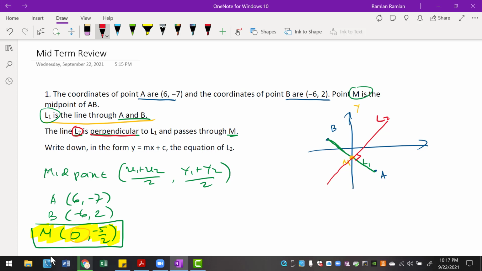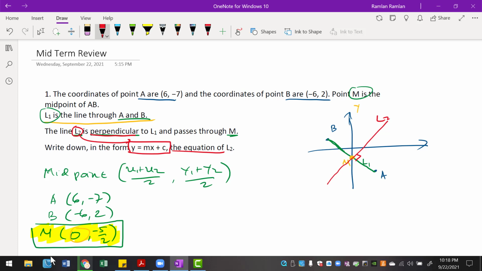Then you want to know the line equation of L2, in the form of this. Whenever you want to find a line equation, normally we need at least 2 points, or 1 gradient and 1 point.